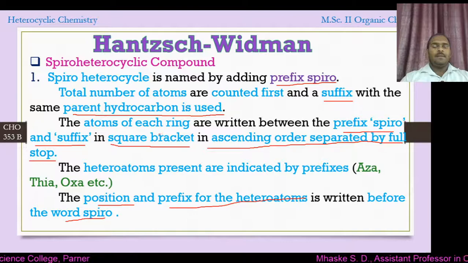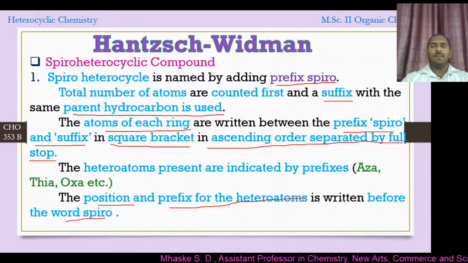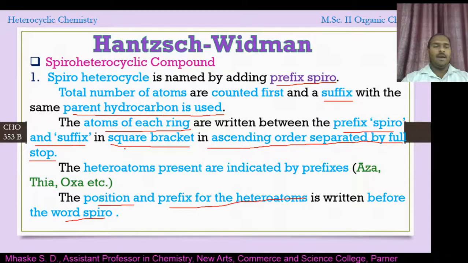The number of atoms of each ring is written between the prefix spiro and the suffix in square brackets, in ascending order, separated by a full stop.